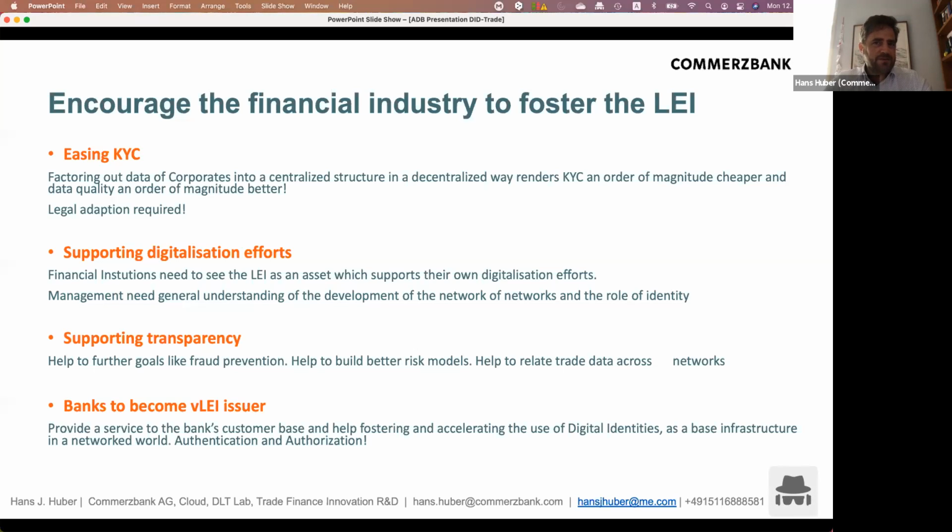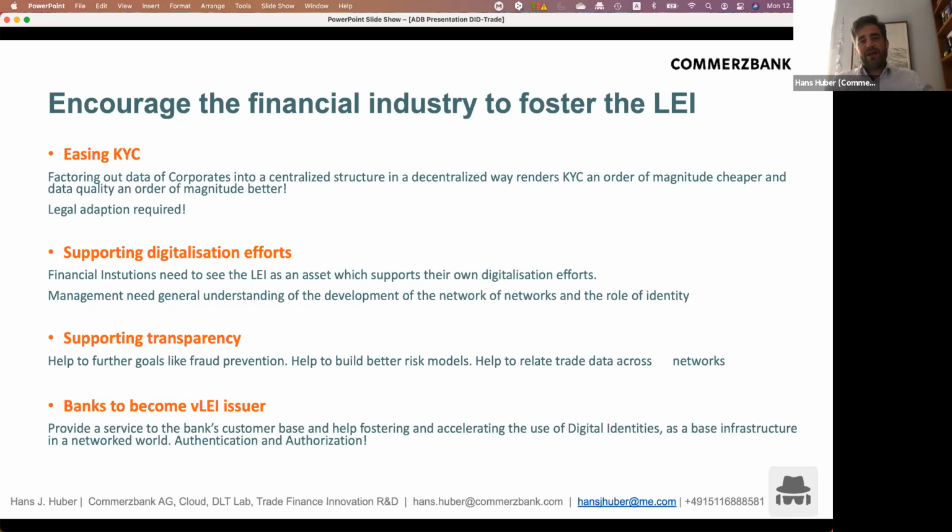And you may think you don't need to sell that. Just look at many of the points that have already been mentioned today, but just look at KYC. KYC is an extraordinarily expensive process that imposes a high hurdle, a high bar to take up new customers.